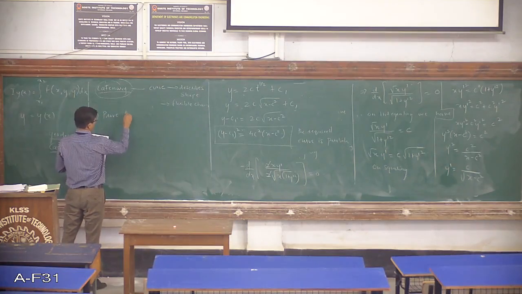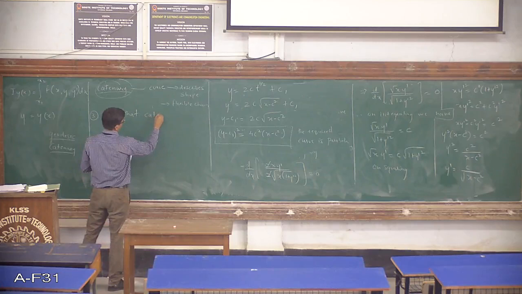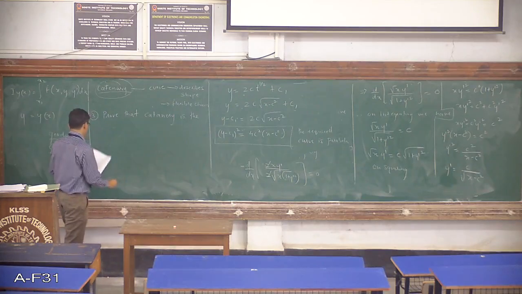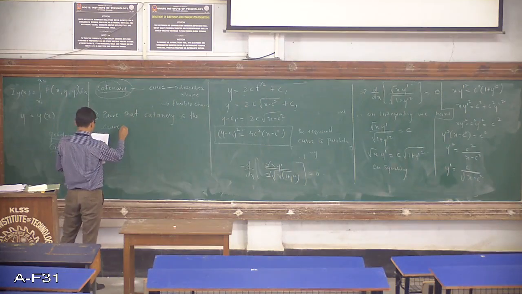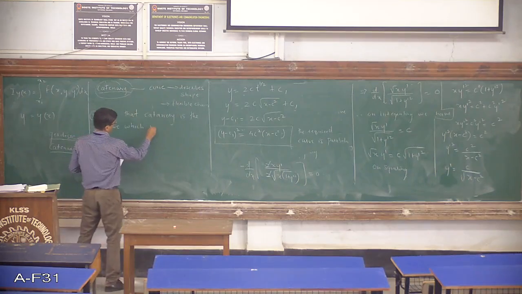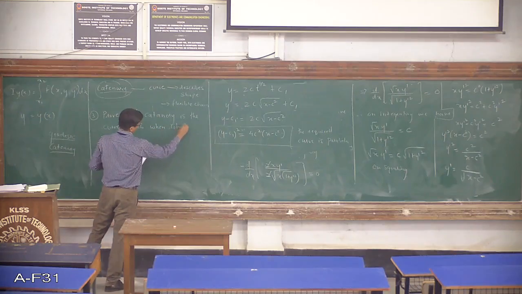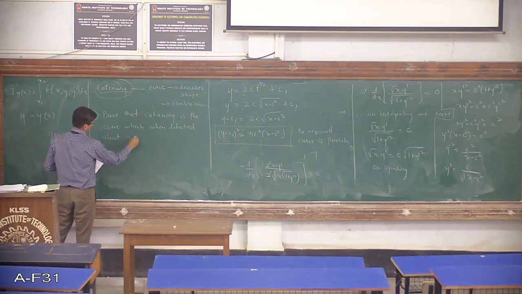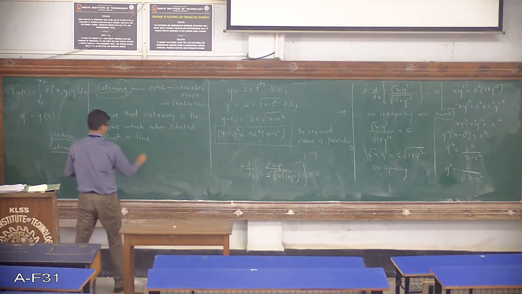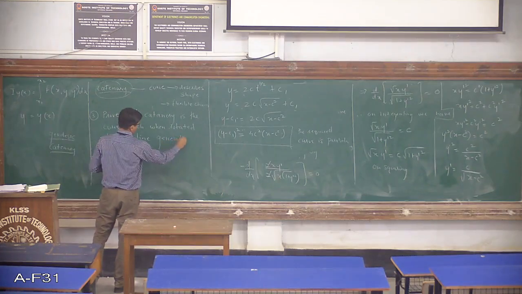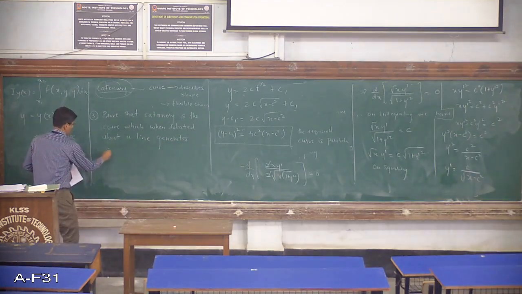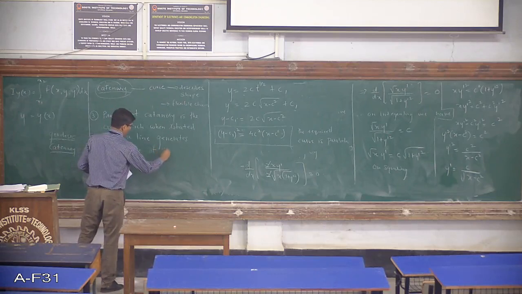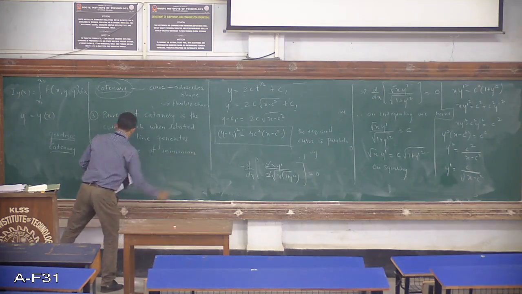That is, prove that catenary is the curve which, when rotated about a line, generates a surface of minimum area.